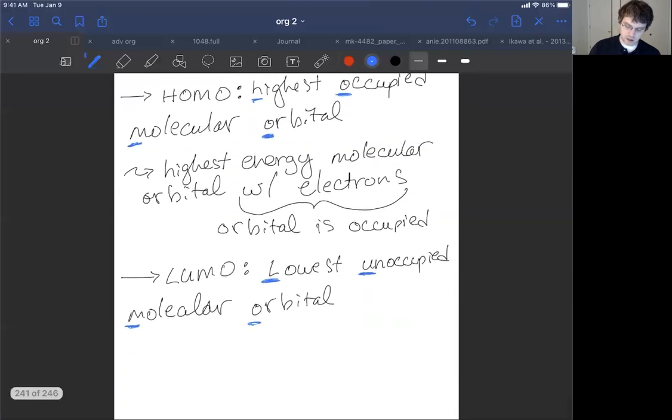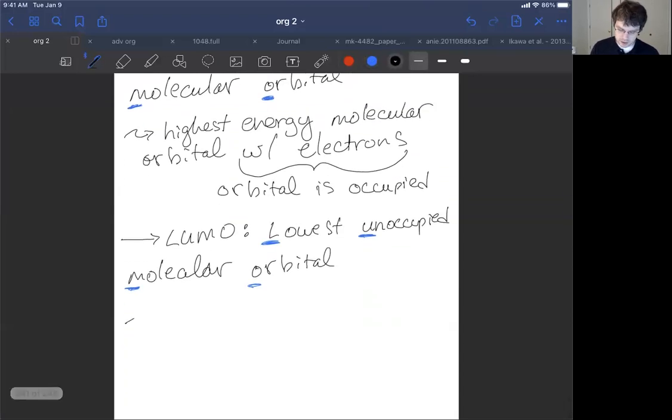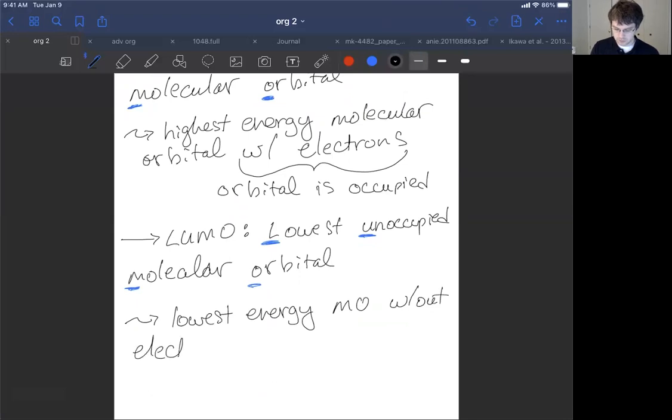This is saying that of all of the orbitals that we have, this is the lowest energy molecular orbital without electrons. So it's unoccupied, I guess vacant. LVMO wasn't as catchy as LUMO.